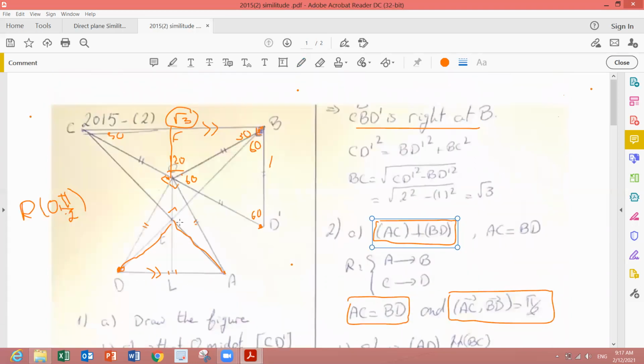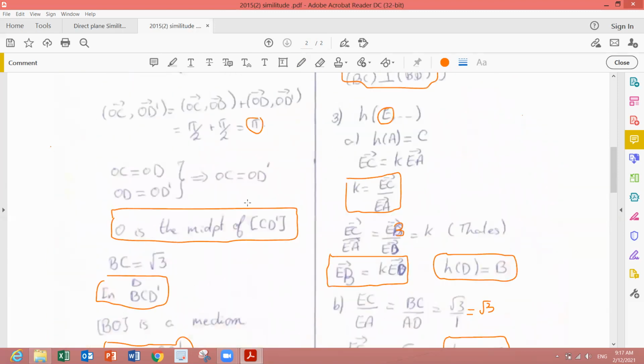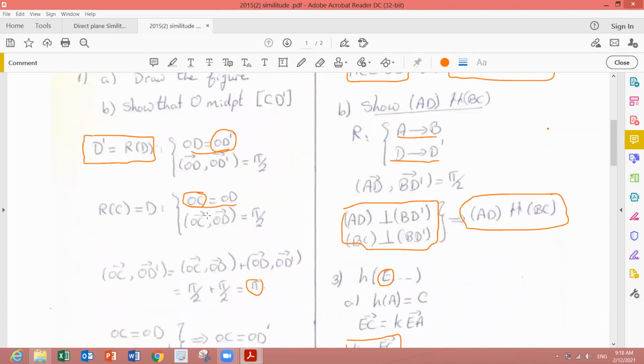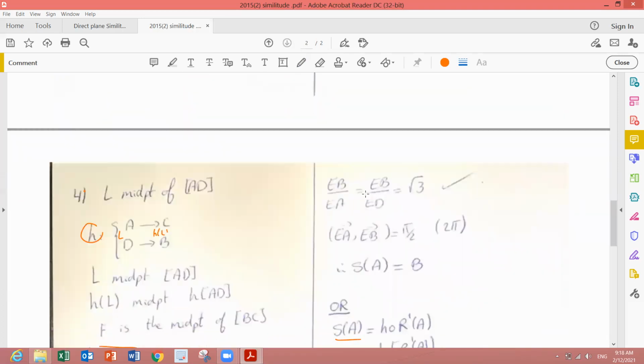EB over EA equals EB over ED. This ratio is not correct.